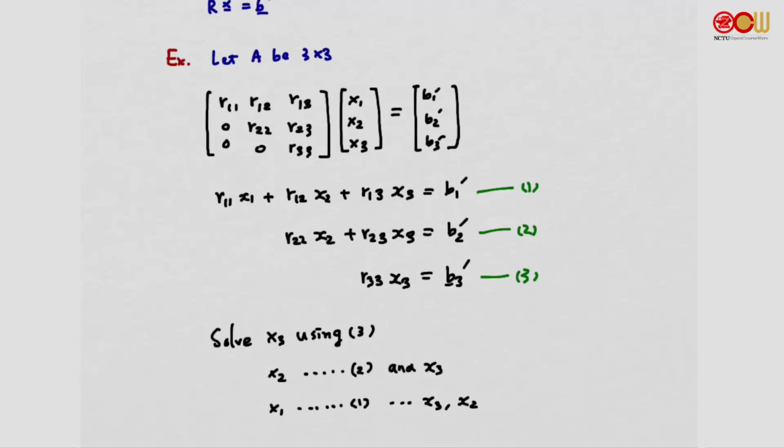Because of this upper triangular structure, we can always start at the bottom equation and solve the last variable. And then we move one equation up to solve the next variable. And then we move one equation up to solve the next variable, and so on and so forth.